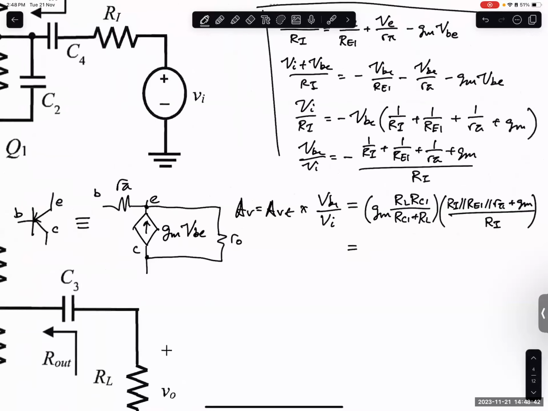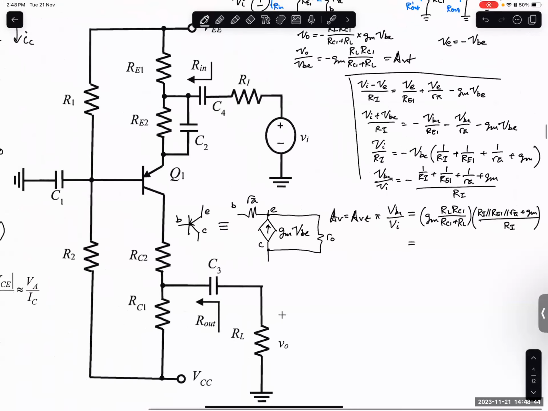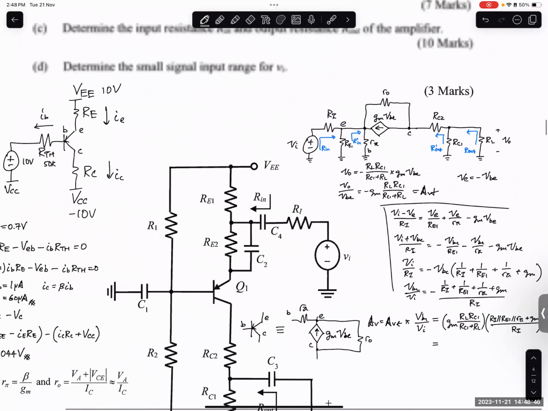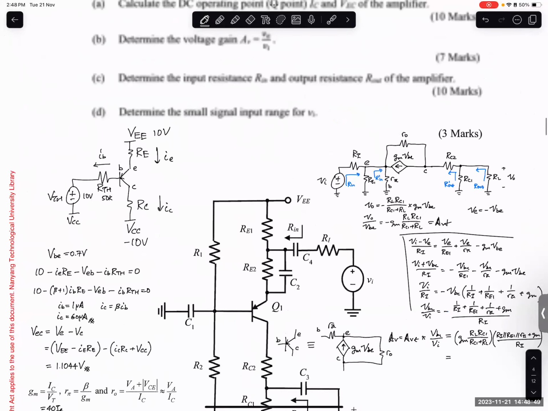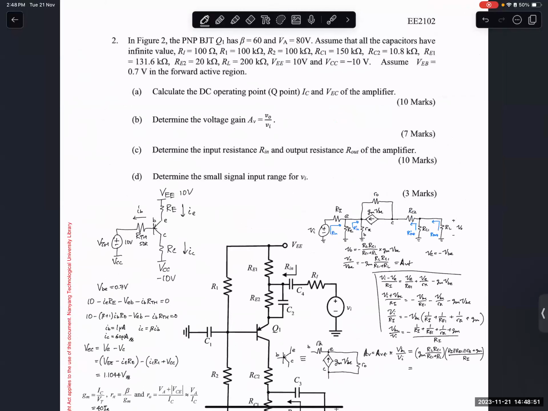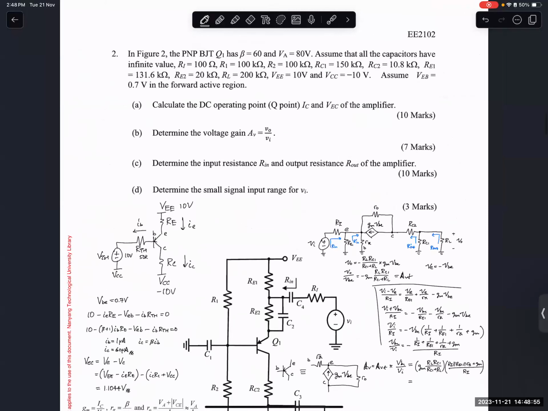Okay. So now we just need to apply all the values. Okay, so can do it together. So just calculate AVT first.